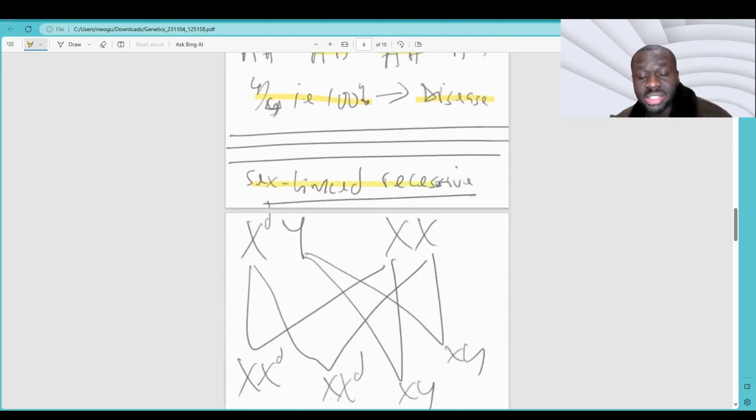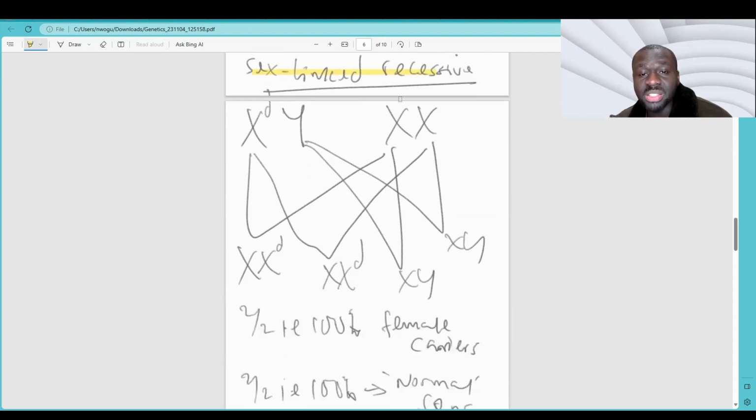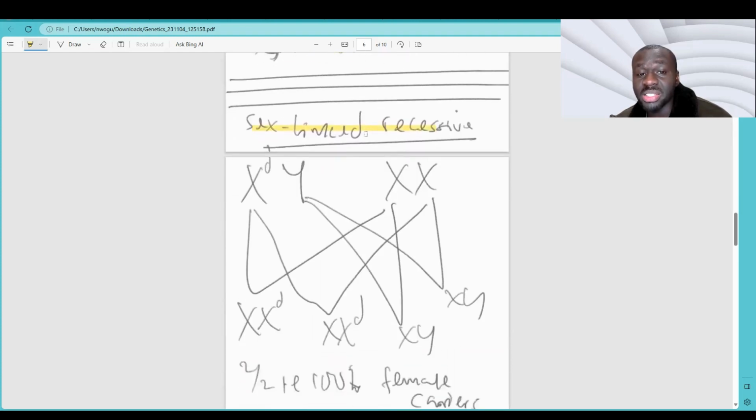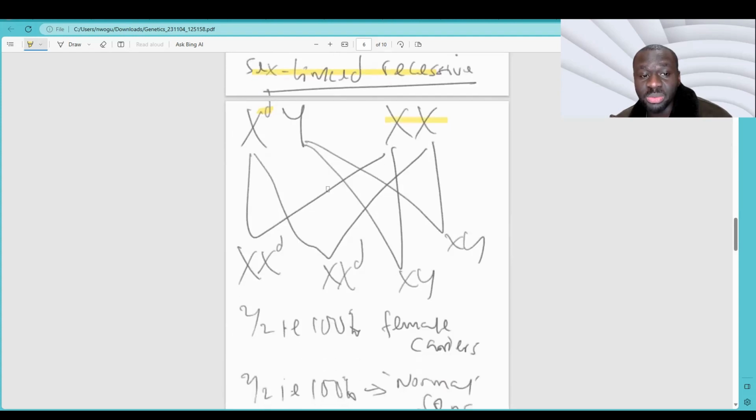And let's look at sex-linked recessive. So sex-linked recessive inheritance, because it's sex-linked, X-linked, right? It's usually on the X chromosome. The mode of inheritance now depends on who carries that abnormal gene, the mom or the dad. So I've denoted the abnormal gene there as D. So if it's the dad, XY, that's carrying that abnormal gene, and the mom doesn't have that abnormal gene, by the time we do the Mendelian cross-match, this daughter is a carrier, this daughter is a carrier, the sons will not have it.